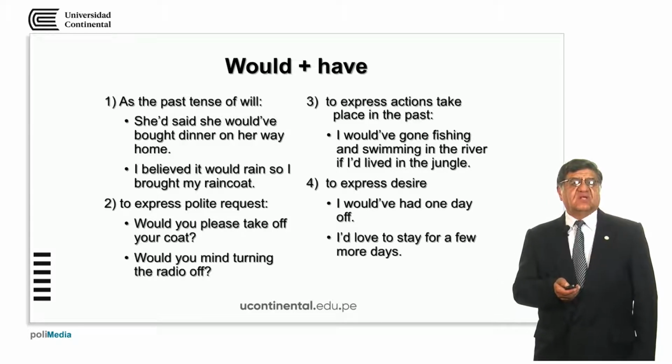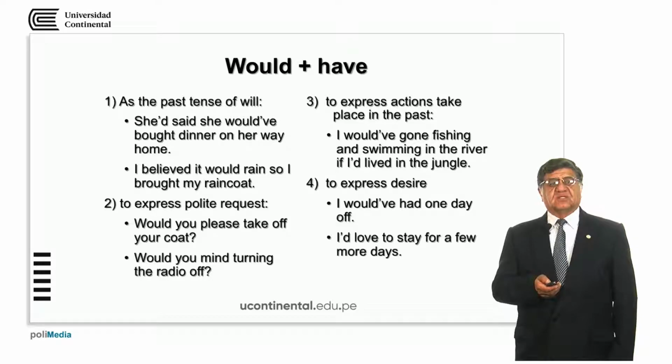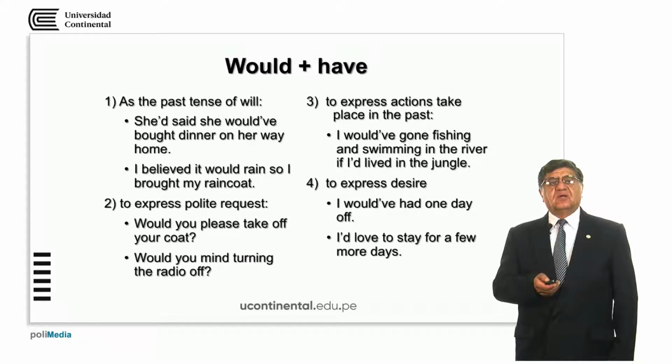The past tense of will is one of the most common forms to use as the past form of will. She said she would have bought dinner on her way home. Okay? The possibility is that she would buy dinner, and she expressed it in the past.